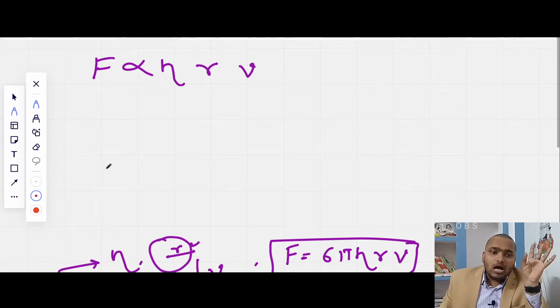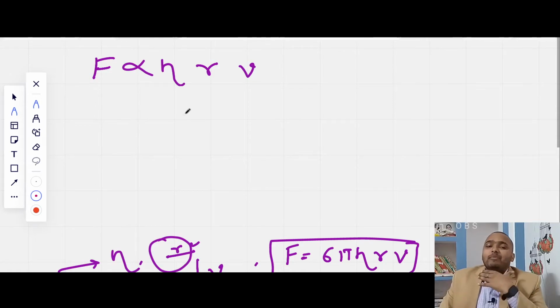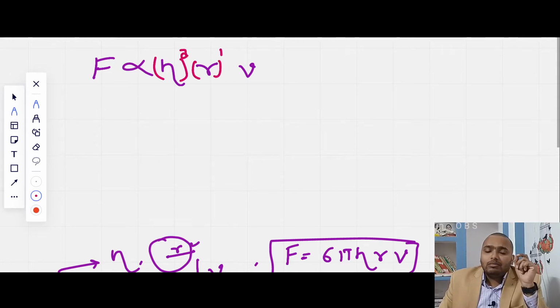We don't know how to arrange eta, r, v. For that, dimensional analysis is very important. Let us take eta to the power a, r to the power b, velocity to the power c.